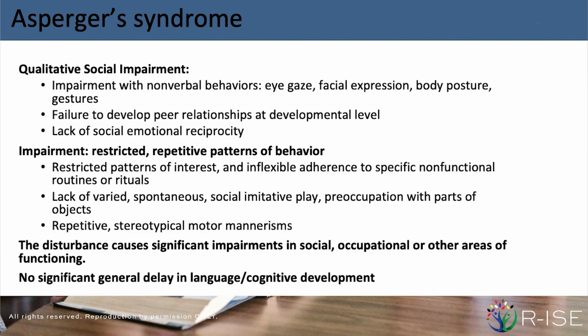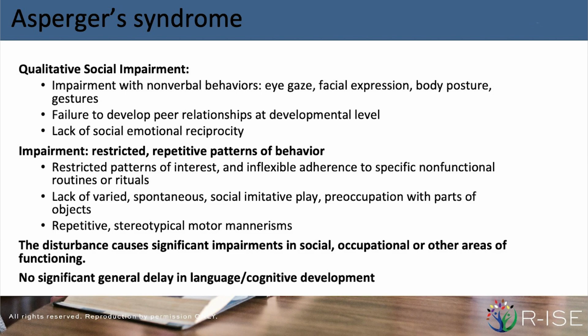They still have impairments with nonverbal behaviors, eye gazing, facial expression, body posture, gestures. They struggle to develop peer relationships at developmental levels, and they lack social emotional reciprocity. They're also restricted with repetitive behaviors, restricted in the sense of an area of interest that they want to talk about constantly.